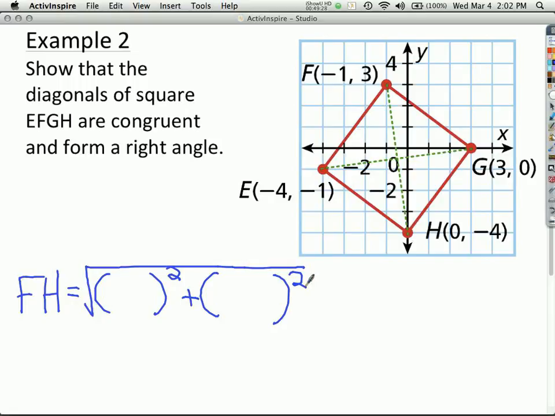So if we start here, we've got -1 minus 0. So that's -1 minus 0, which is just -1. And then if we do the y's, 3 minus -4, that's a positive 7. And so now simplify that.